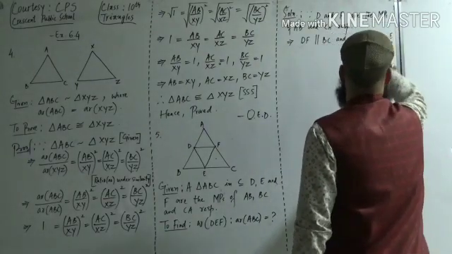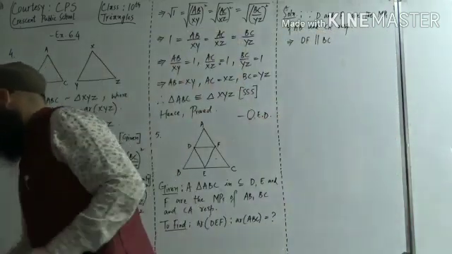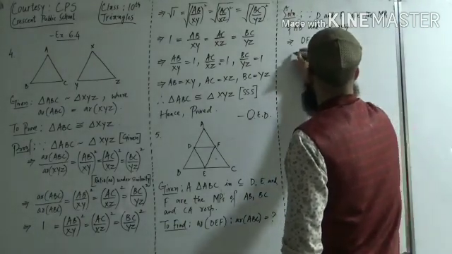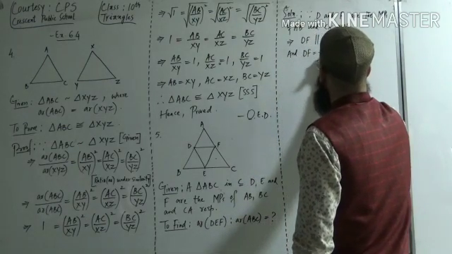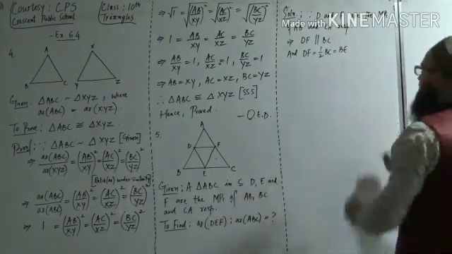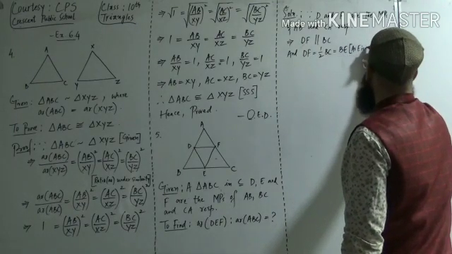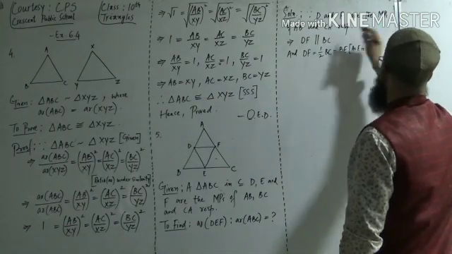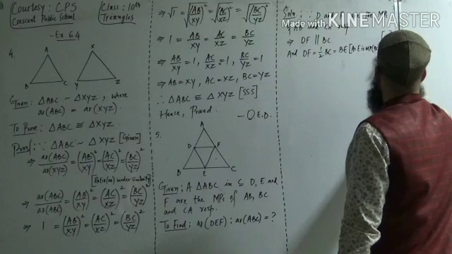Just write like this: DF is parallel to BC and DF is equal to half of BC. Half of BC is BE. So in short, DF is equal to BE, as E is the midpoint of BC. Got it? The reason is MPT, midpoint theorem.